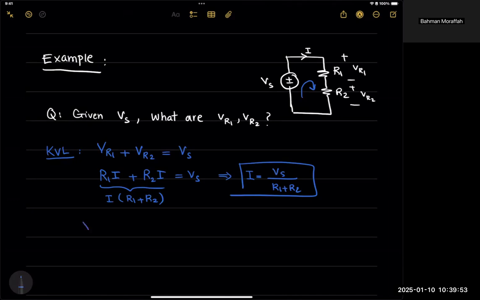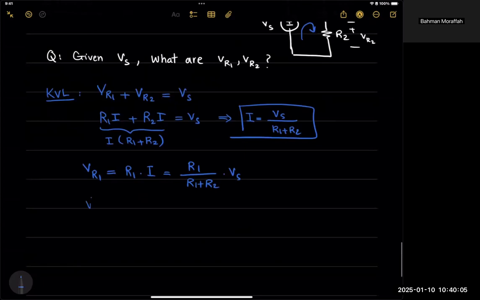Now, if I want to find V of R1, V of R1 is R1 times I, which is going to be R1 divided by R1 plus R2 times V of S. If I want to compute V of R2, it is R2 times I, which is going to be R2 divided by R1 plus R2 times V of S.